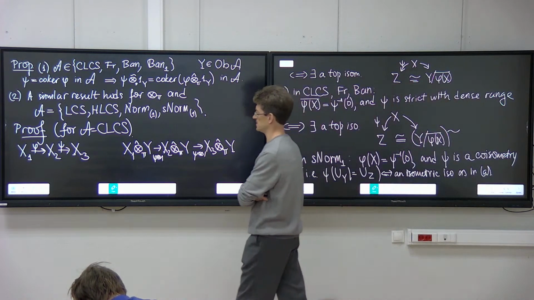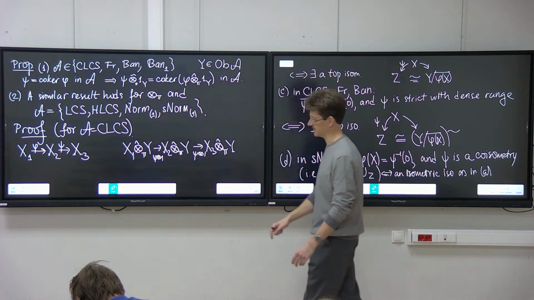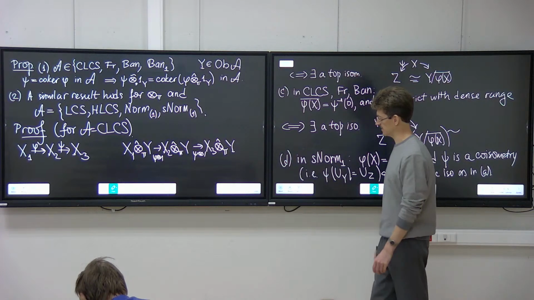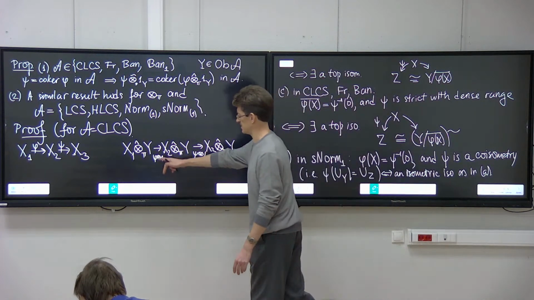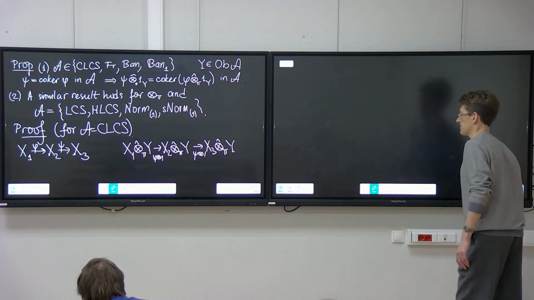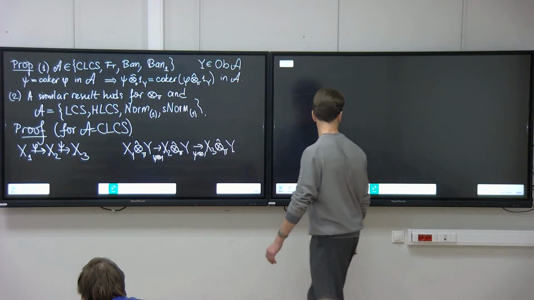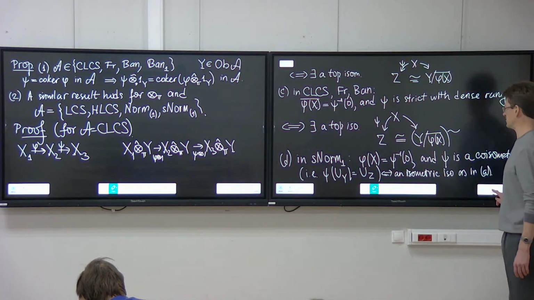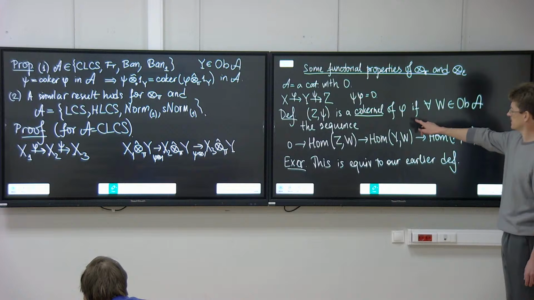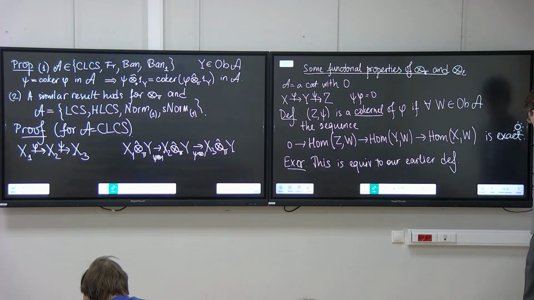But unfortunately, this simple argument doesn't work for the category, for example, of complete locally convex spaces, because in the setting of complete locally convex spaces, this functor doesn't have a right adjoint. So we have to prove this result directly. But what do we have to prove? Let's look again at our definition of a co-kernel. We will prove our result by using a suitable Hom sequence.